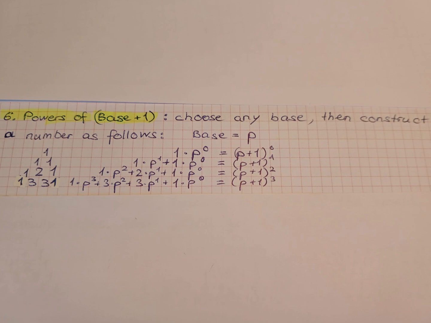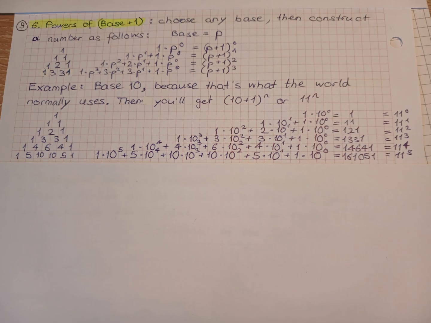So as an example, let's choose base 10 because that's what the world uses. If you add up the numbers in this specific way, you will get the powers of 10 plus 1, or 11.